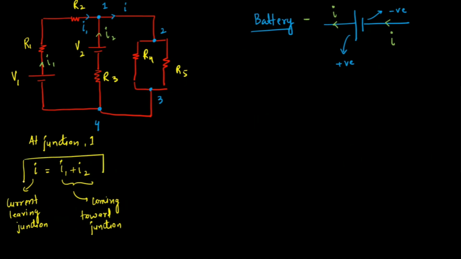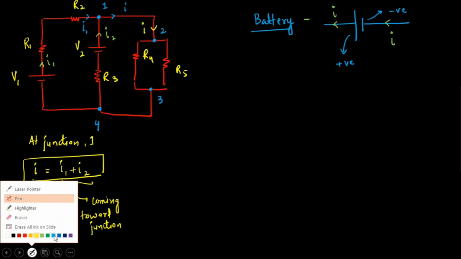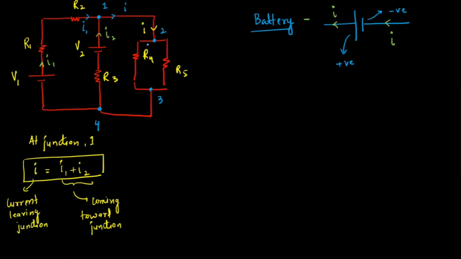Very simple one. There is nothing difficult to understand also. Similarly, let's analyze another junction, junction 2. This current will come here, and I assume that this is I1. Now, as this is junction 2, this current will divide into two parts because there are two wires coming from this particular point.